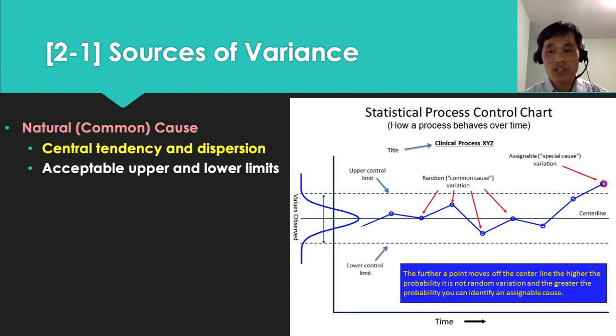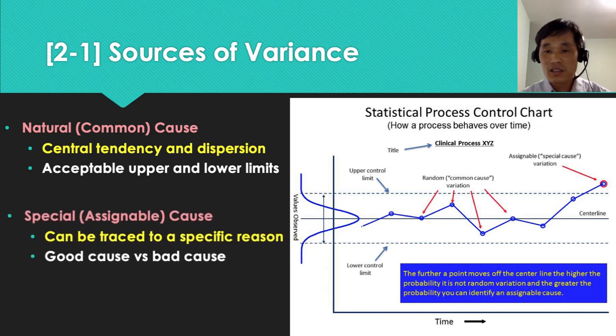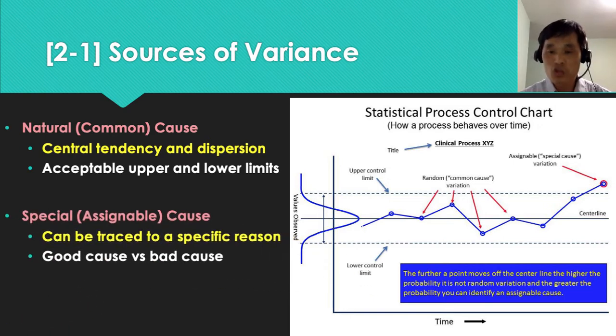However, say one day the majority of students did not come on time. It's an unusual case, and one can suspect that something unusual happened, such as a traffic accident and inclement weather. These are assignable causes.